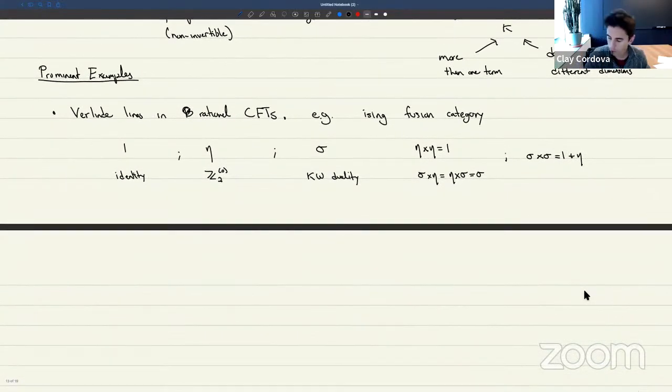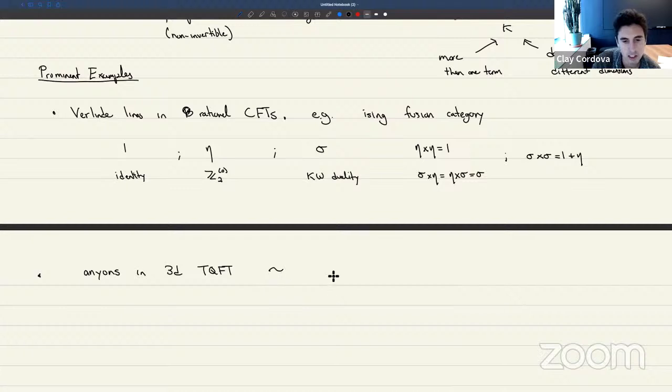Let me give you another prominent example. Another prominent example are anyons, or generally lines, in 3D TQFTs. Here I'm thinking of unitary modular tensor categories.